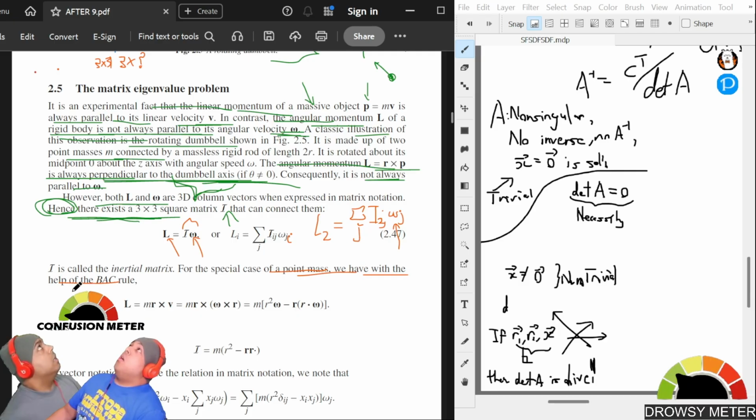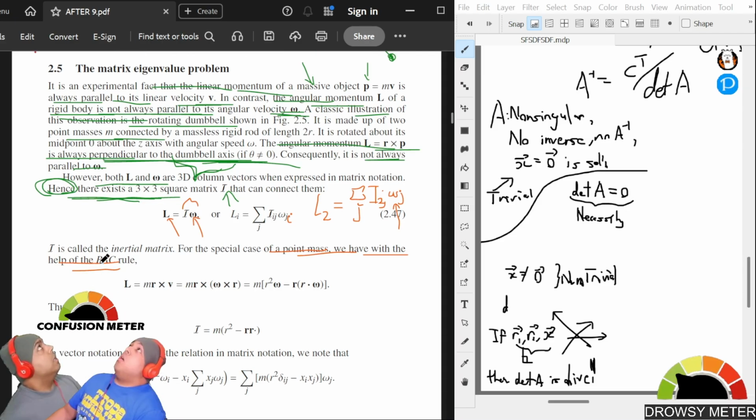We have, with the help of the BAC rule, L equals M. So this is separate, right?